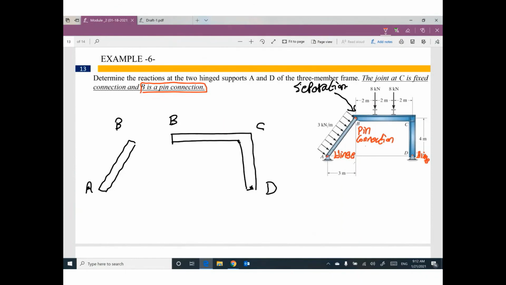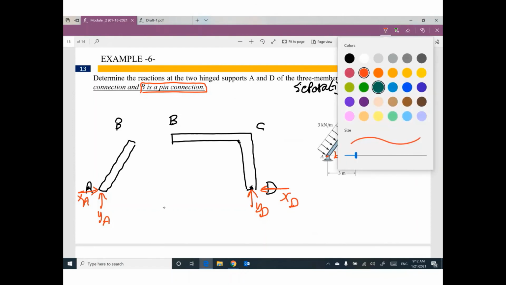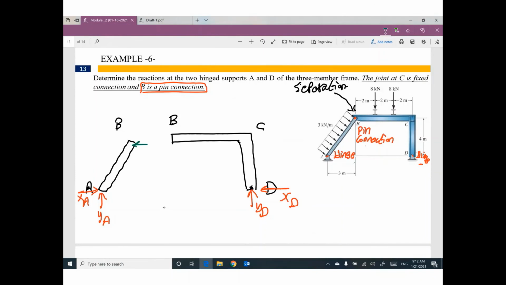A is hinge, so we have two reactions, YA, XA. D is hinge, so we have two reactions, YD, XD. B is a pin connection, okay? If you assume two reactions here, XB and YB, they will be the same here but in the opposite direction.